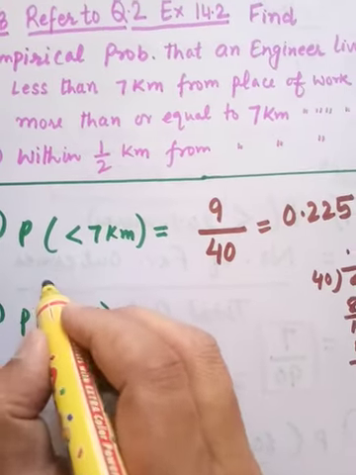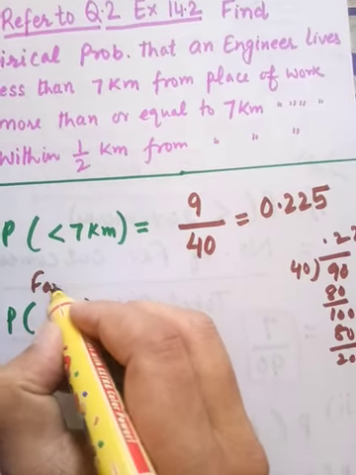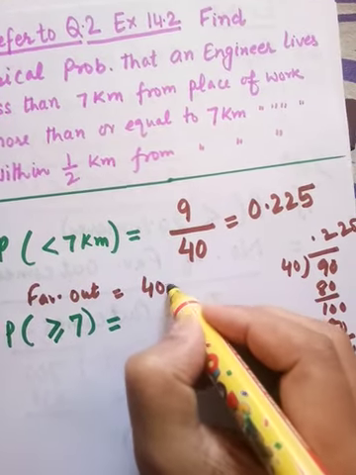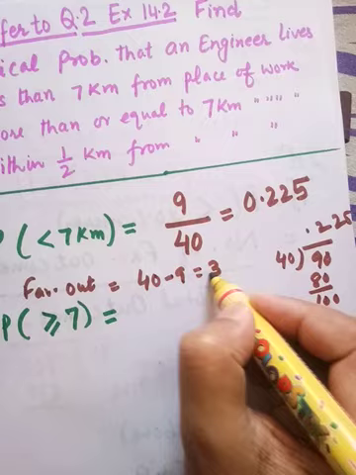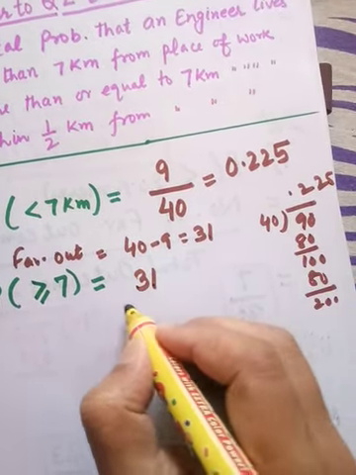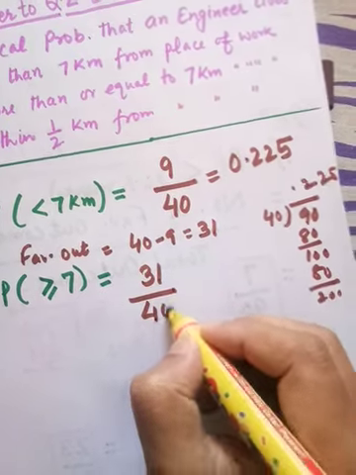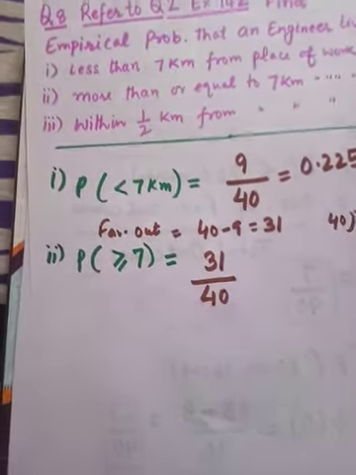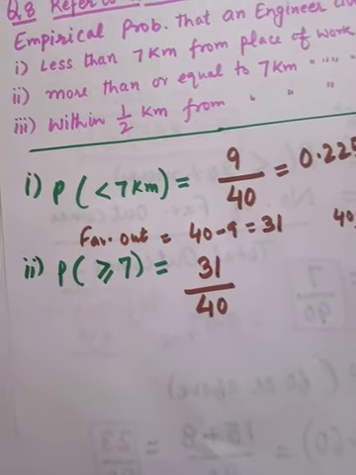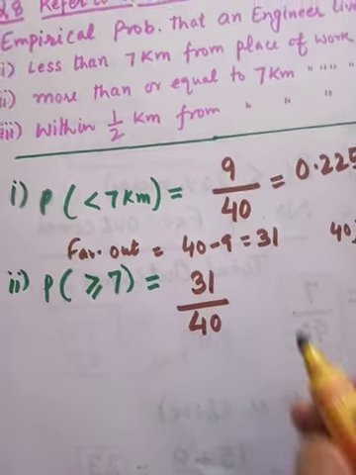So you can directly do that. Now the favorable outcomes are 40 minus 9, that is 31. So your favorable outcomes are 31 and total outcomes were 40. So the probability is 31 out of 40. And again you can convert it into decimal if you want, that is up to you.